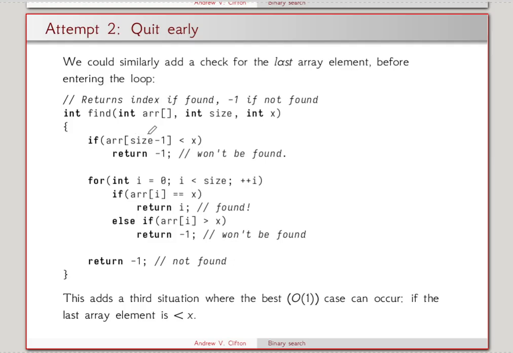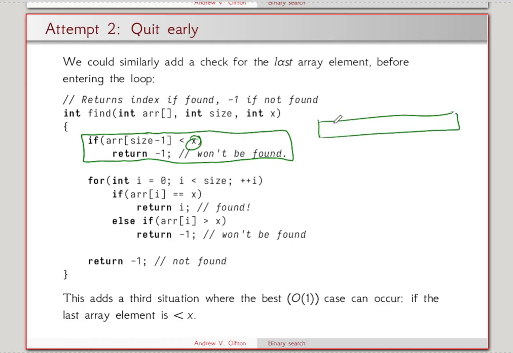If you want, you could check against the last element of the array as well, just to see, is it possible for x to be in this array at all? So if I have an array that starts with 20 and ends with 57, and you're looking for a 12, we can reject that immediately because 12 is less than 20.